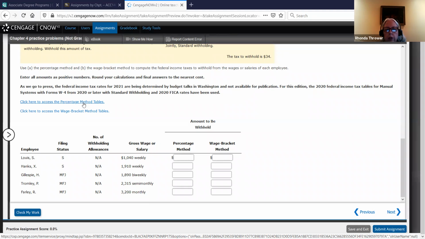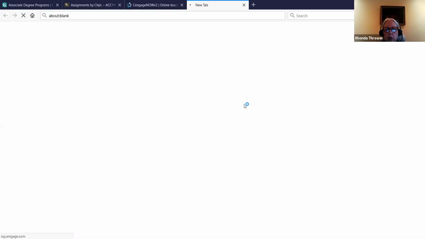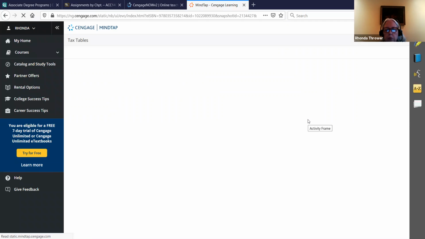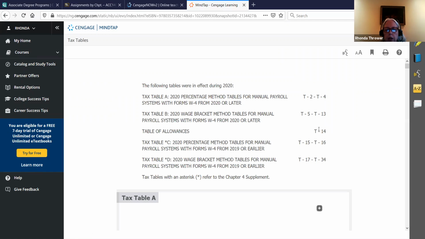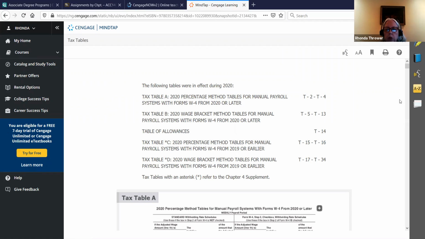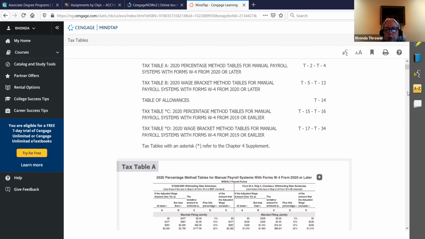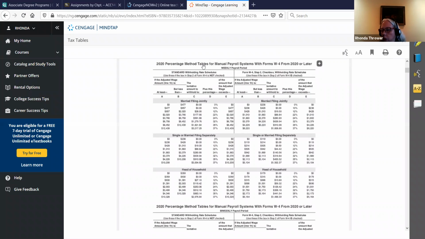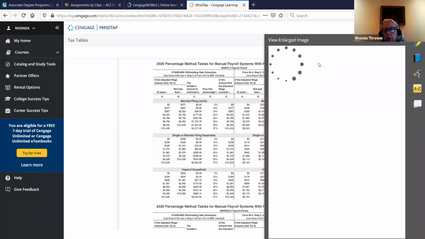I'm going to click right here on this link to pull up our tables. It actually pulls up all the tables, but you're going to look for the percentage table. Because this employee was paid weekly, we're going to use the weekly table. I'm going to enlarge this table so you can see what we're doing.